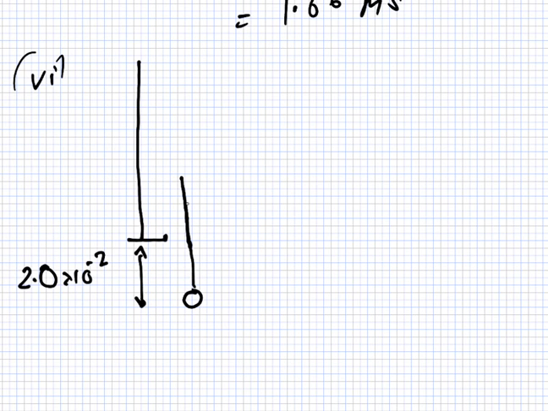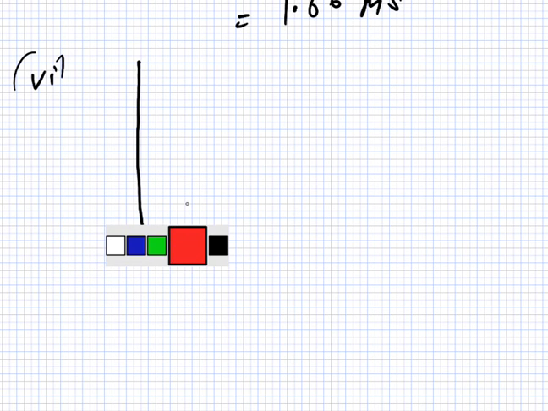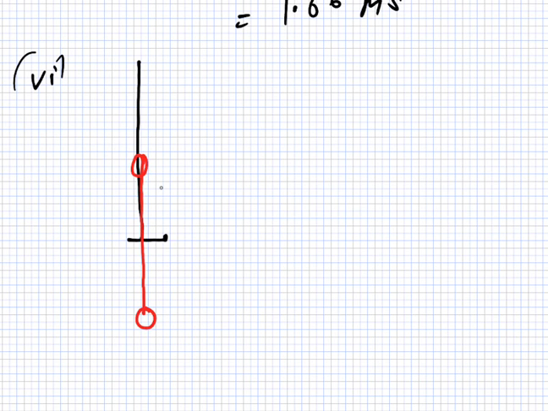Sorry, let me try and draw that again. So what happens here is it starts here, and then it goes up to here, and then of course it'll go back down and back up and back down. But both of these distances are 2 times 10 to the minus 2 meters.